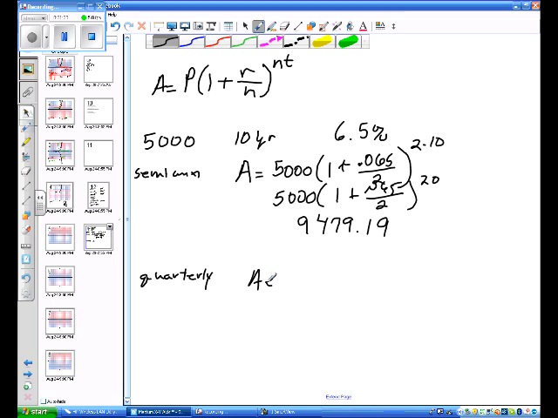So our accumulated amount is how much we invested times 1 plus our interest rate, which is 0.065, divided by our number of compoundings. Well, that would be 4, raised to the 4 times 10.